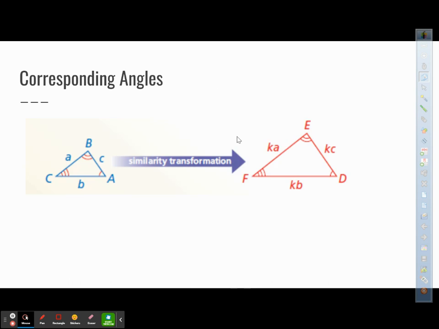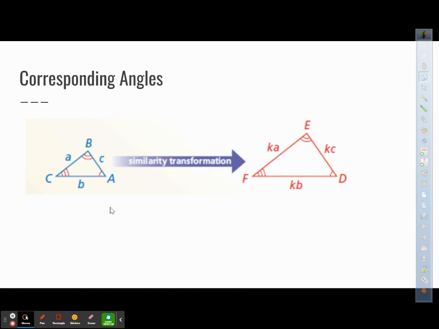Okay? Now, looking at the right side. It wants us to list all the corresponding angles. Well, corresponding angles are congruent. So notice angle A is marked congruent to angle D. So we would write down angle A is congruent to angle D, where it says corresponding angles.